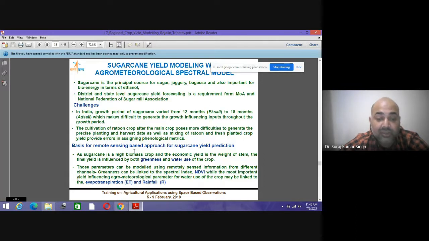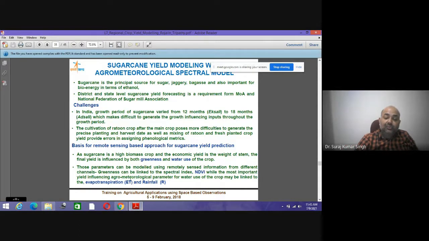So, on the basis of remote sensing and GIS, we can create sugarcane yield estimation. Sugarcane is a high biomass crop and the economic yield is the weight of the stem, so the final yield is influenced by the greenness and the water use of the crop.